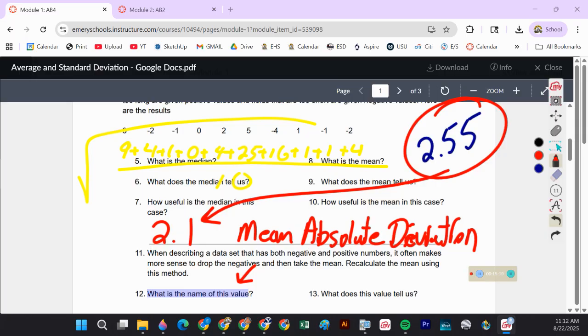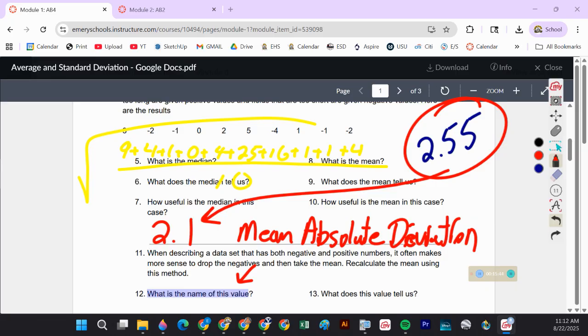Right? The sides of a right triangle are always going to be smaller than the hypotenuse. And essentially, we just took a multivariable version of the Pythagorean theorem. Okay, so the root mean squared is always going to be larger than the mean absolute deviation.